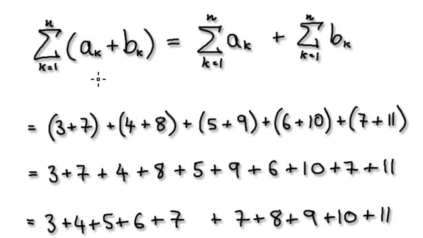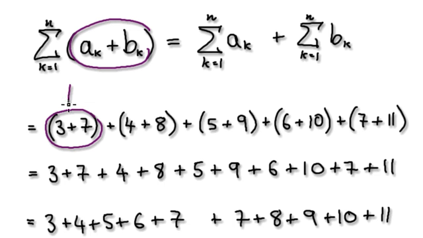When k increases by 1, remember you've got to consider this as a pair. So the next pair would be when k increases by 1, and the pair after that would be when you increase k by another one.